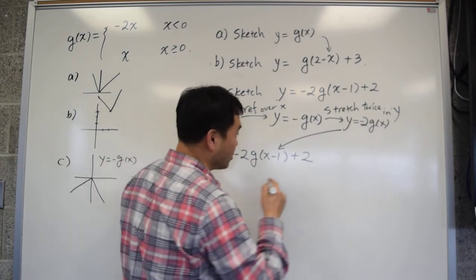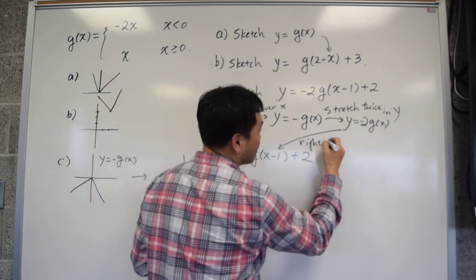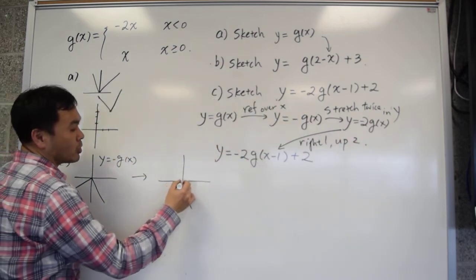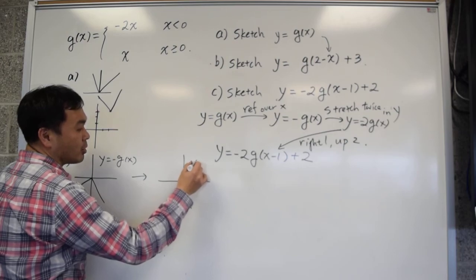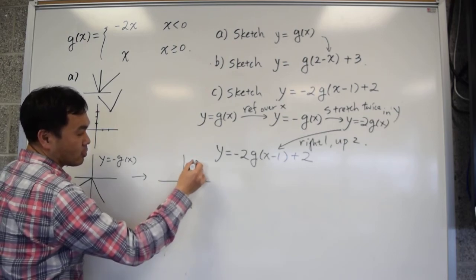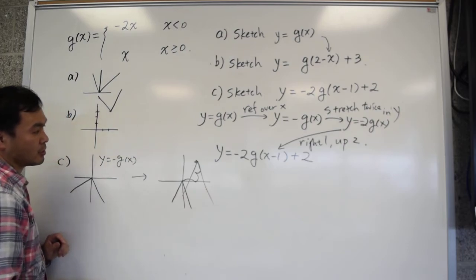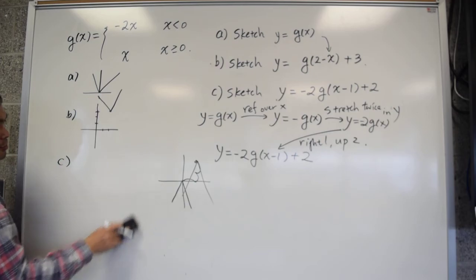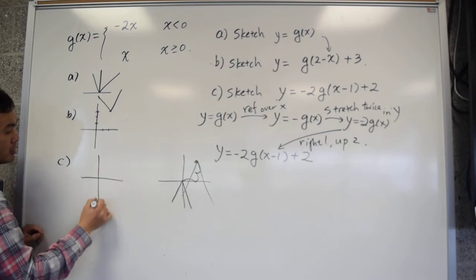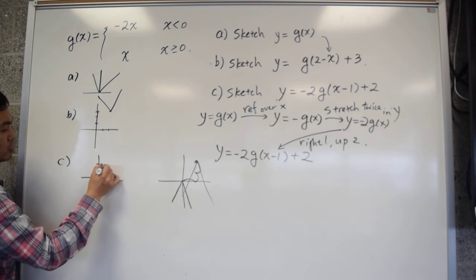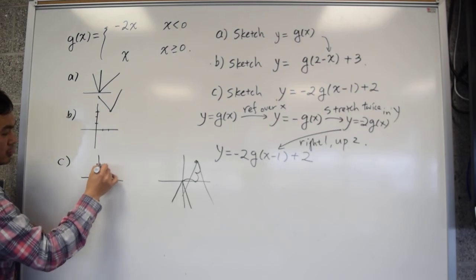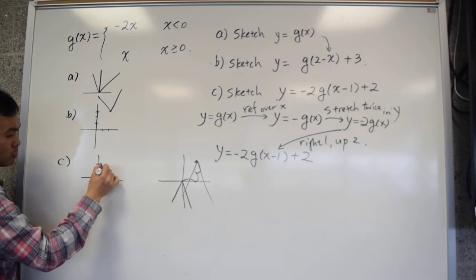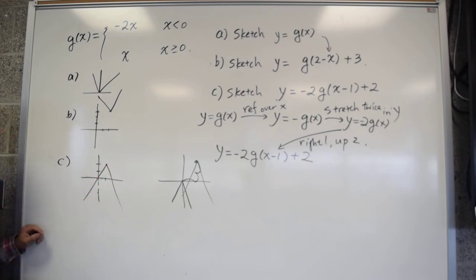So you go 1 step right and 2 steps up, and you copy this graph, so you get this. So the final answer for C would be 1, 1, 2, and actually the slope here will be 2, so it's going to pass through here, and that would be the graph.